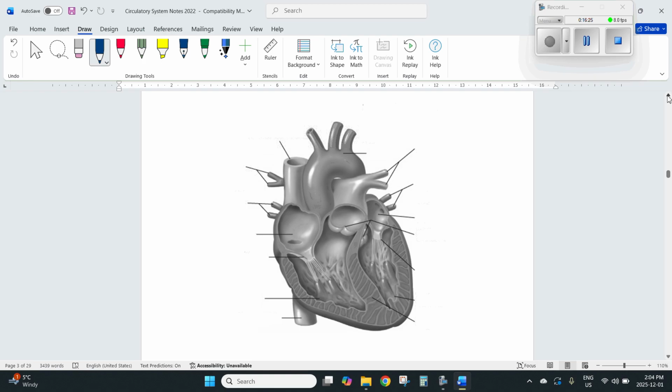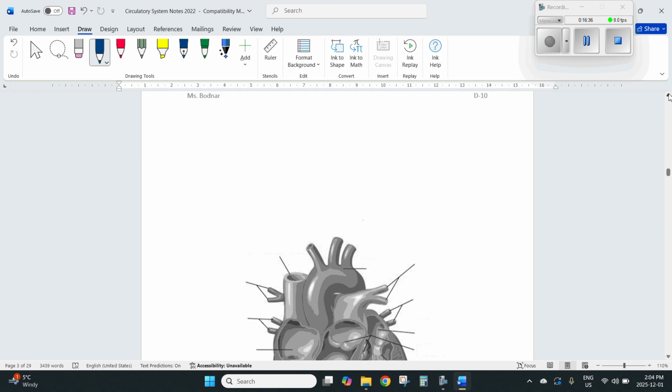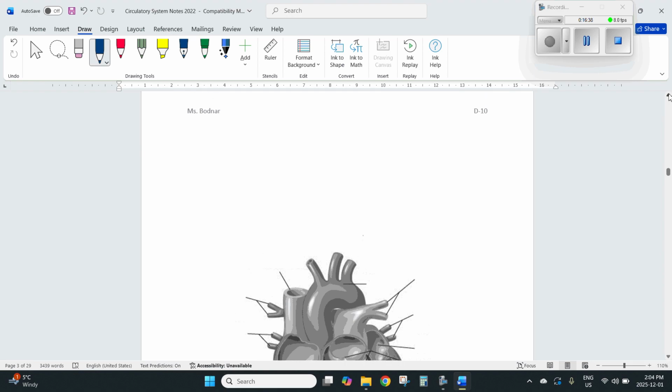Okay, I'm going to start with my blue pen, because it's already blue. And we should know from our respiratory system that blue means deoxygenated. So I'm going to put that up top here. So blue equals deoxygenated, which means high CO2 or a lot of CO2.